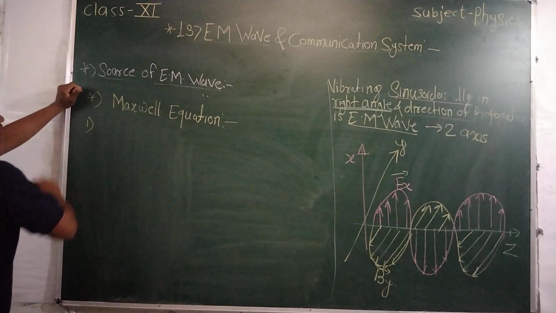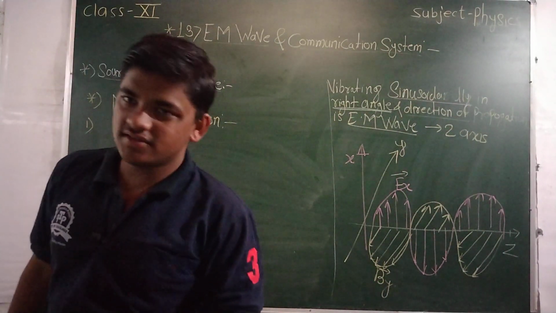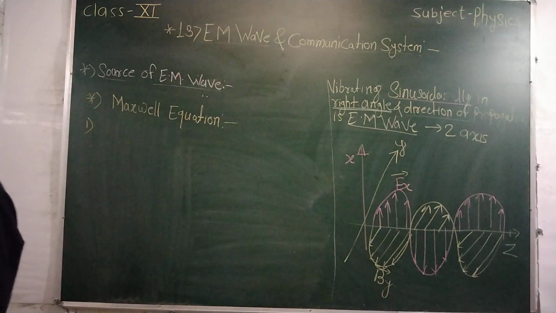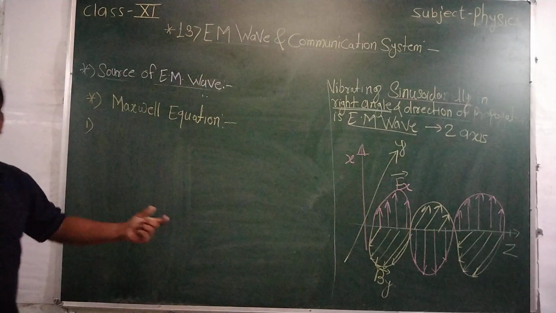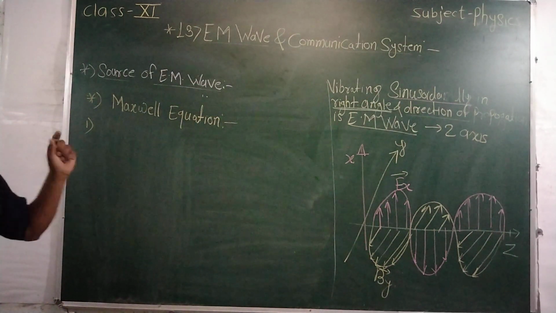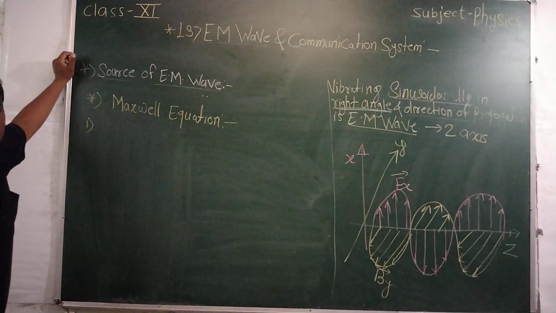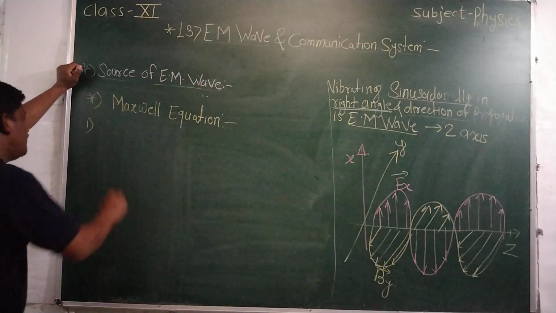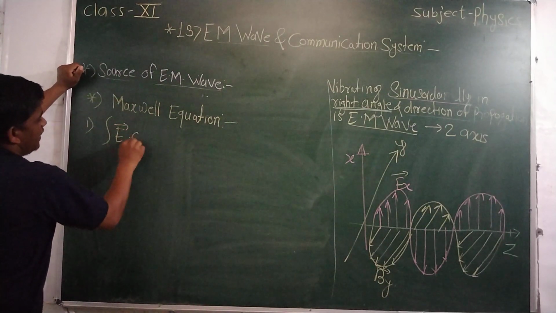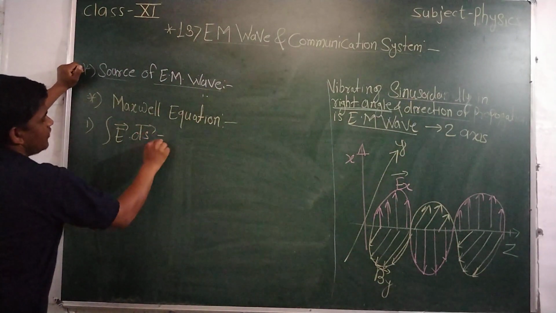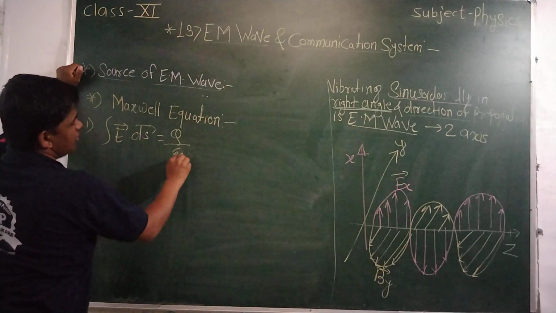Then Maxwell equation number 1. There are mainly four Maxwell equations, and for the vacuum, there are four equations here. Then the electric field: E dot dS is equal to Q divided by epsilon 0.